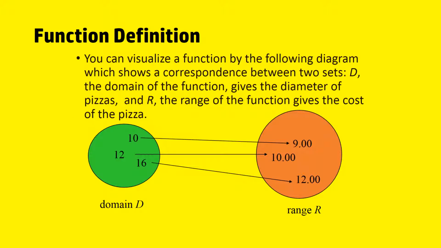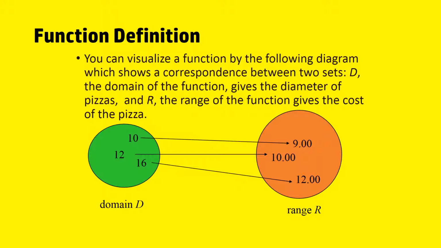And so here's our pizza function as a map. You can visualize a function by the following diagram, which shows a correspondence between two sets, D and R. D is the domain of the function, and that's the size of the pizza. Each domain element is mapped to a range element.